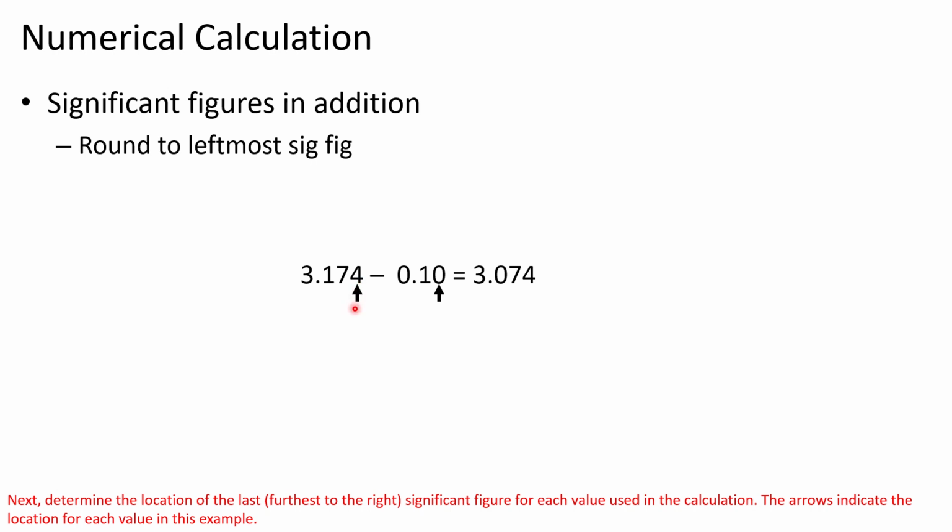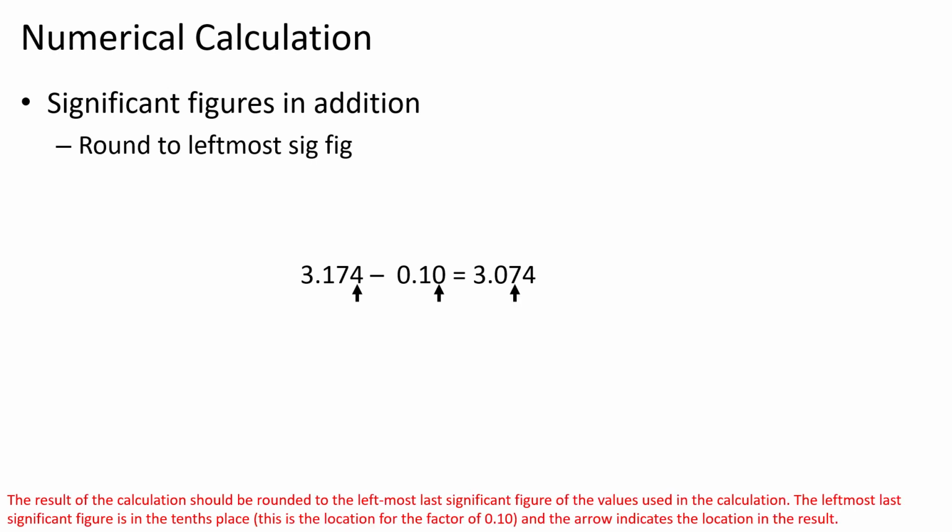The arrows indicate the location for each value in this example. The result of the calculation should be rounded to the leftmost last significant figure of the values used in the calculation. The leftmost last significant figure is in the tens place.